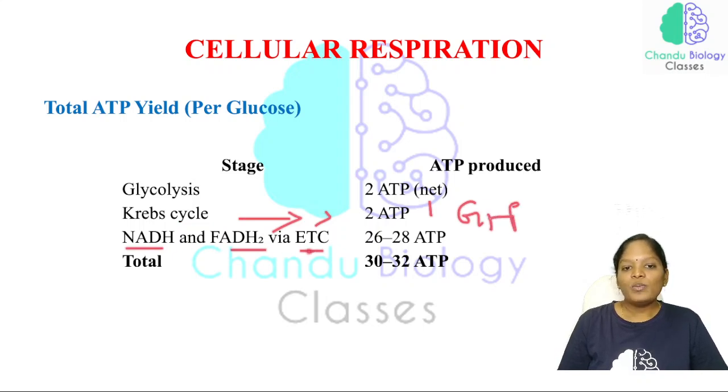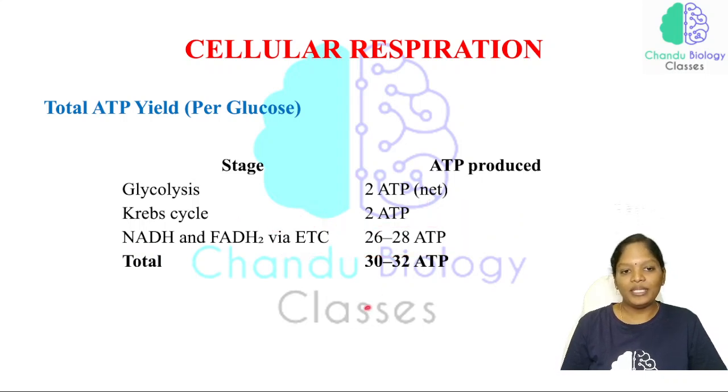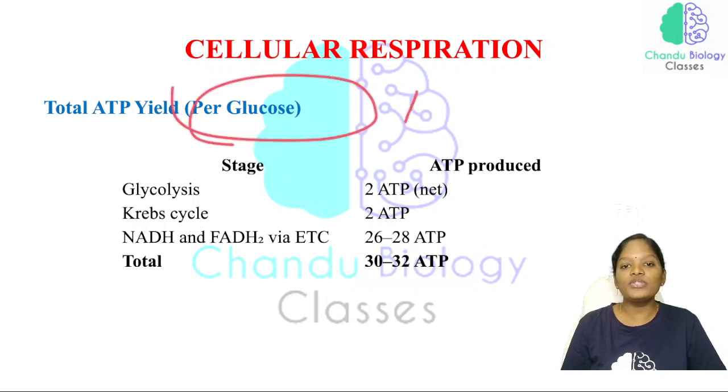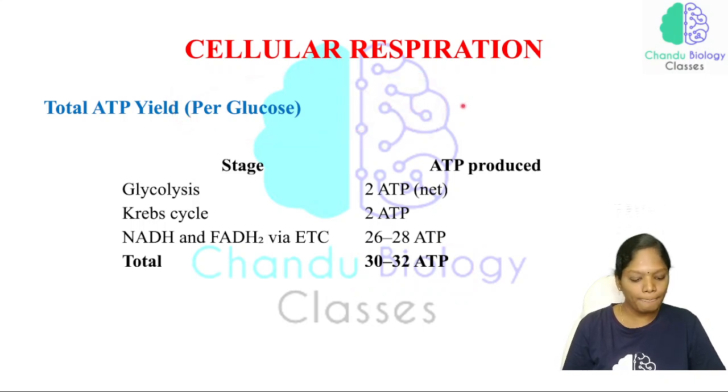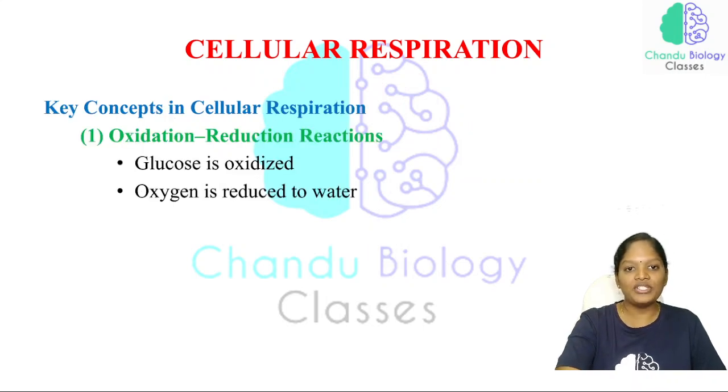NADH and FADH2 via the electron transport chain produce 26 to 28 ATP, and finally a total of 30 to 32 ATP is produced per glucose. This is very important for ATP production in each of the cellular respiration stages.